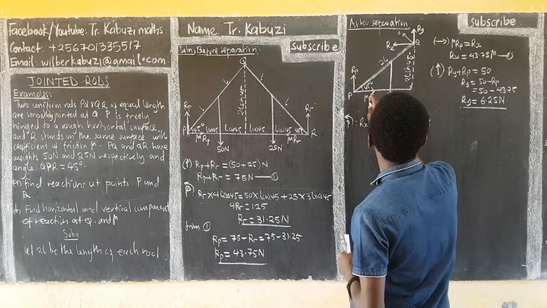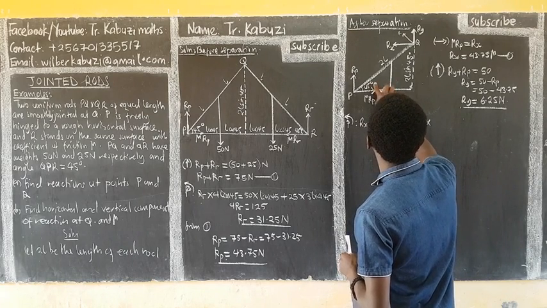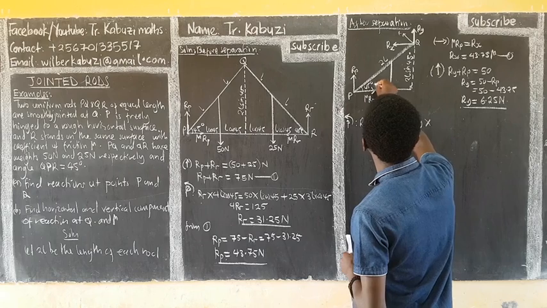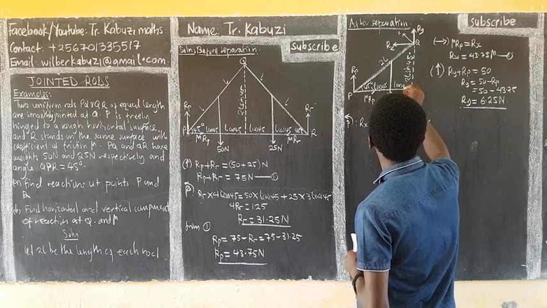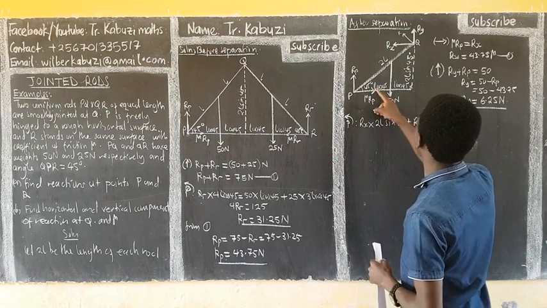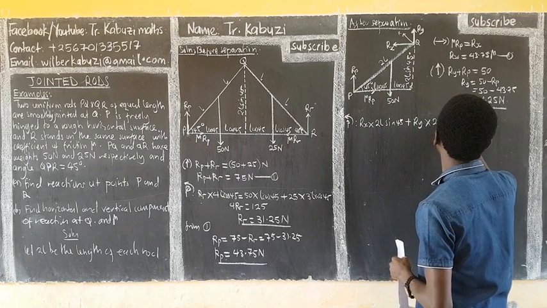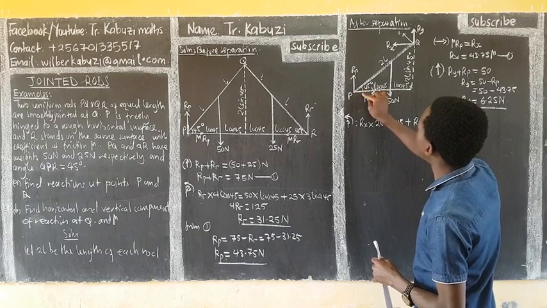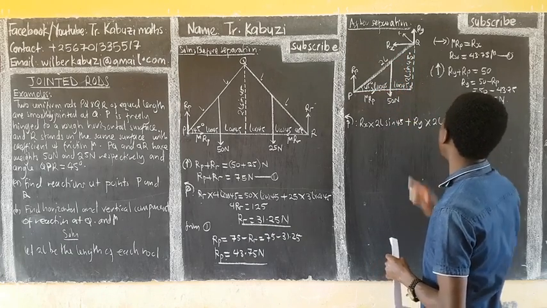Remember, the whole of this is going to be L. This is L cos 45 and L cos 45 from here, and I put them inside. So this will add up to 2L cos 45. Or you could see if this is adjacent, the whole of this is 2L, then cos of 45.